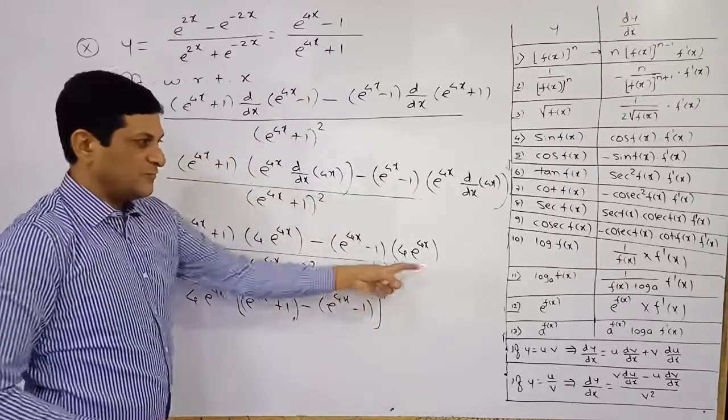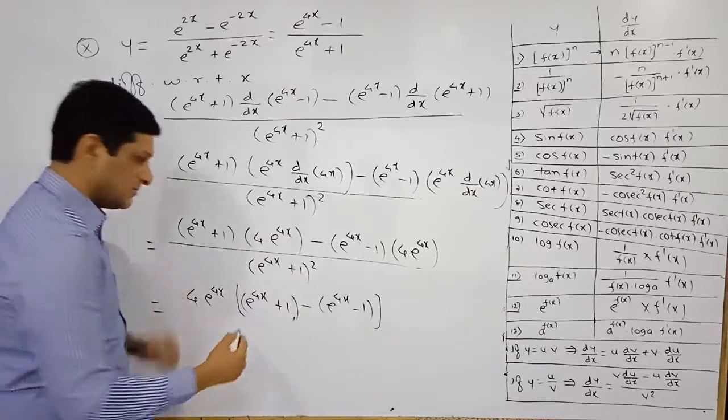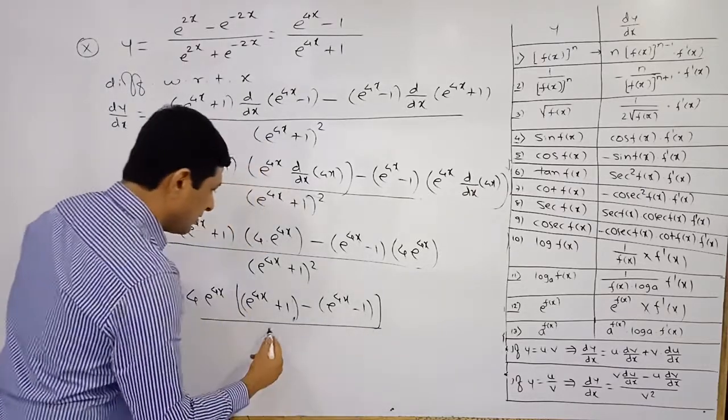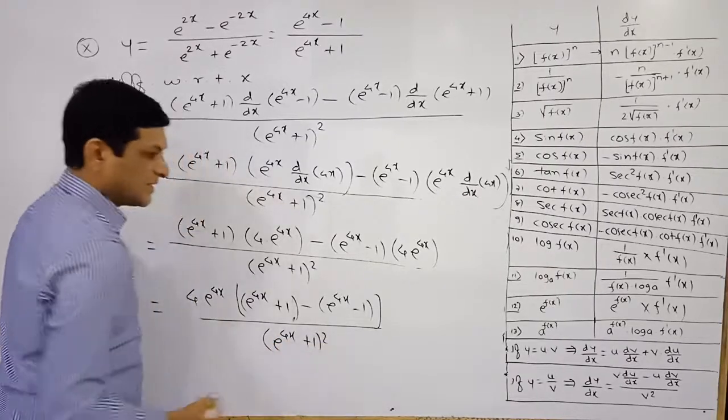Simply we have taken 4 e raised to power 4x common from both the terms. In the denominator, e raised to power 4x plus 1 whole bracket square, keep it as it is.